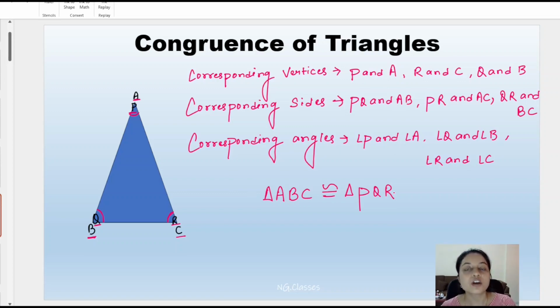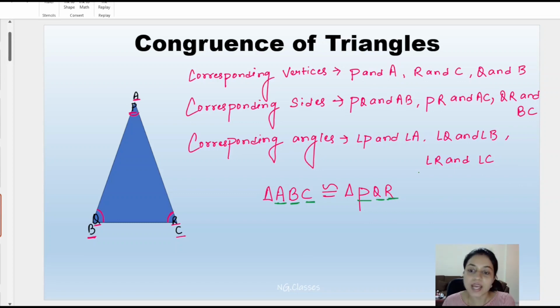Here the sequence of corresponding vertices, sides and angles must be written properly. That means vertex A and P must be a pair of corresponding vertices. Vertex B and Q also must be a pair of corresponding vertices, and C and R must be a pair of corresponding vertices.